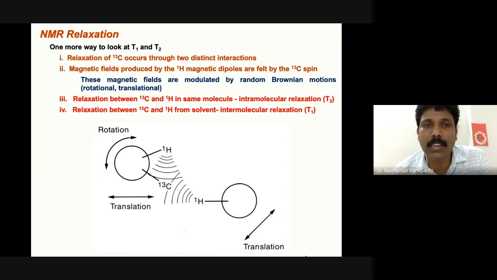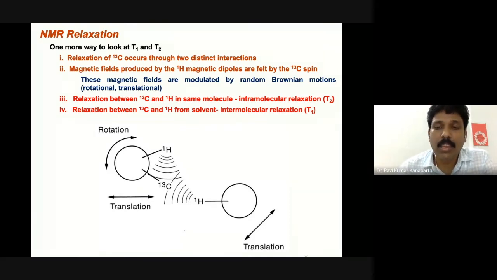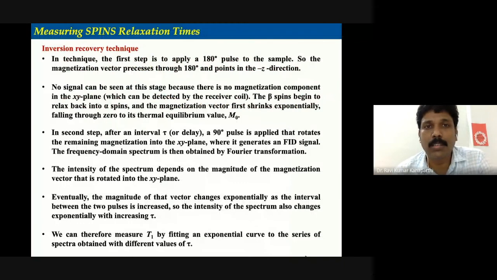So intra- and intermolecular relaxation processes generally happen, and this is related to the spectral line width that we will see. With this we will try to understand how these relaxation times can be measured.